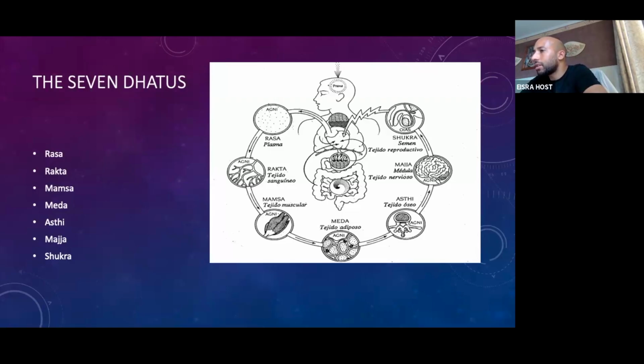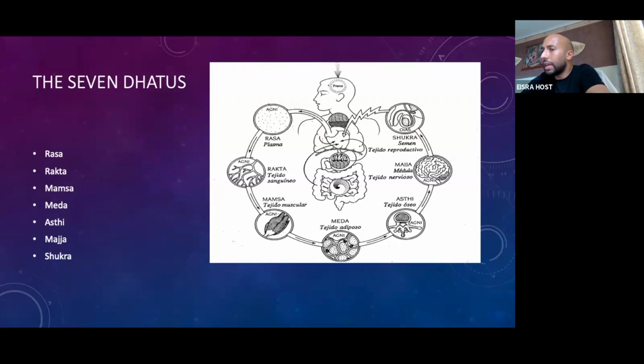You see, there is this interconnected play between these tissues. They are all dependent on each other. A lot of people who have problems at the level of shukra dhatu may actually have had problems at the level of rasa dhatu without knowing it. Therefore, they produce sub-quality rakta, mamsa, meda, asti, maja, and all the way up to shukra. So that makes it easy for us.